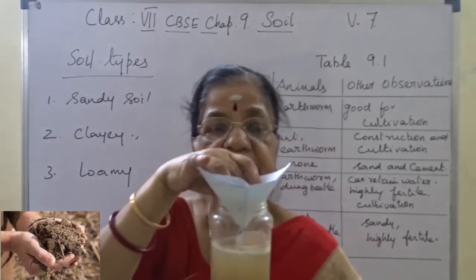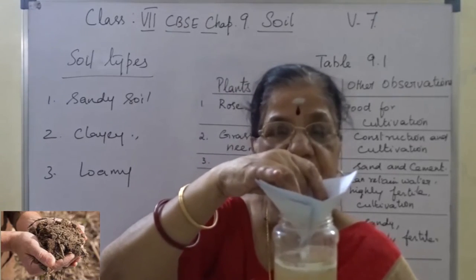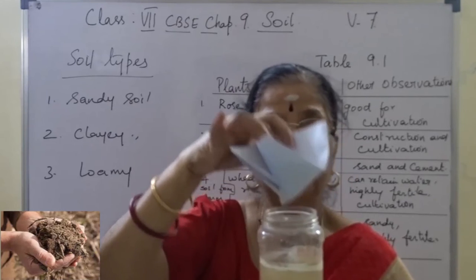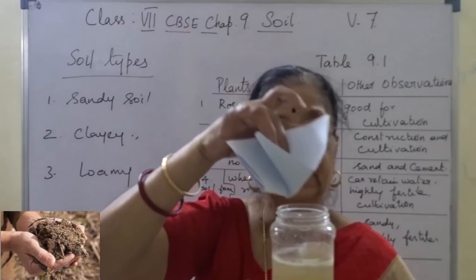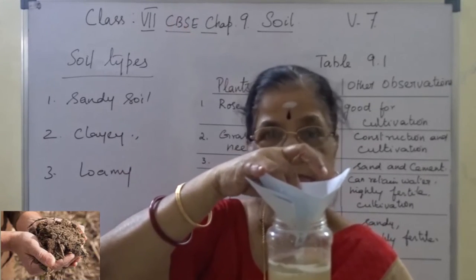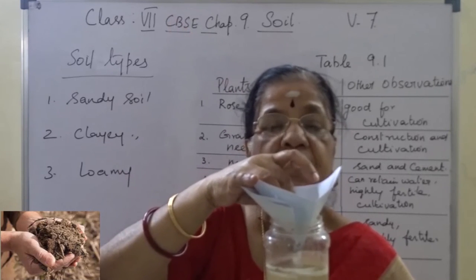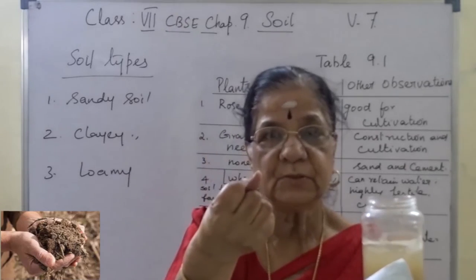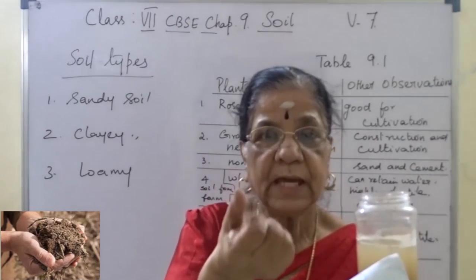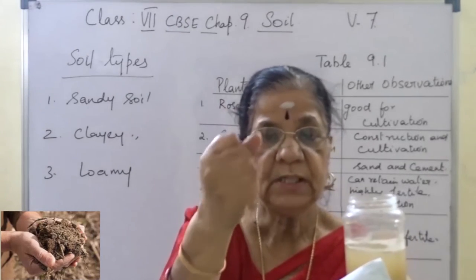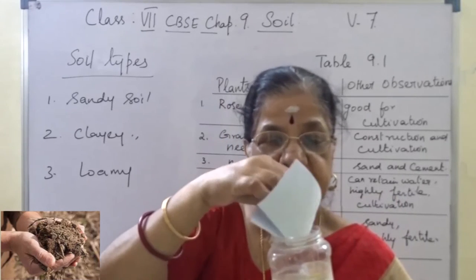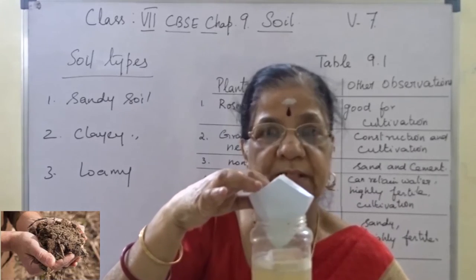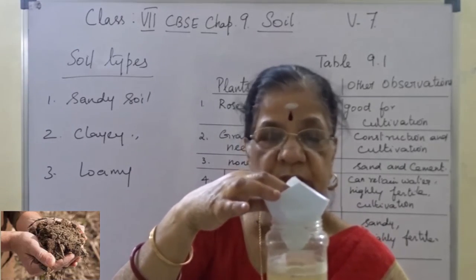And like that you take three beakers, three funnels, three filter papers folded like a funnel, and put them inside. I hope you understand. In each of these you take a handful, a fistful, as in our book. Fistful means a handful. A fistful of clayey soil, sandy soil and loamy soil, put it in these.